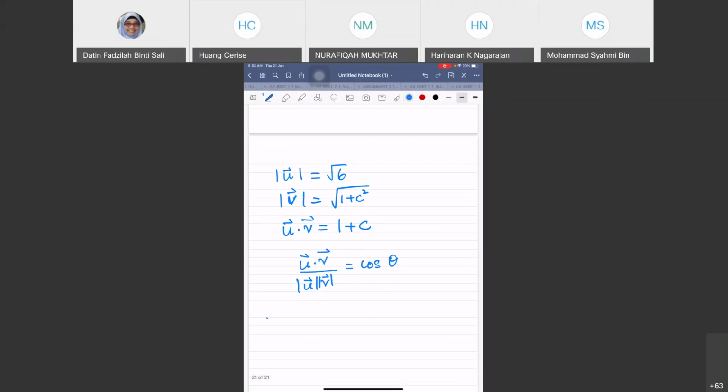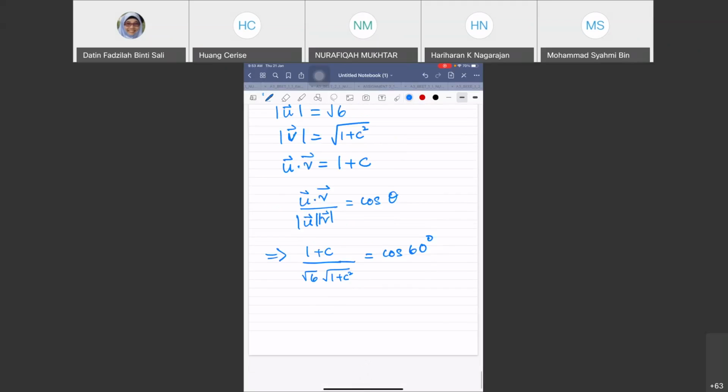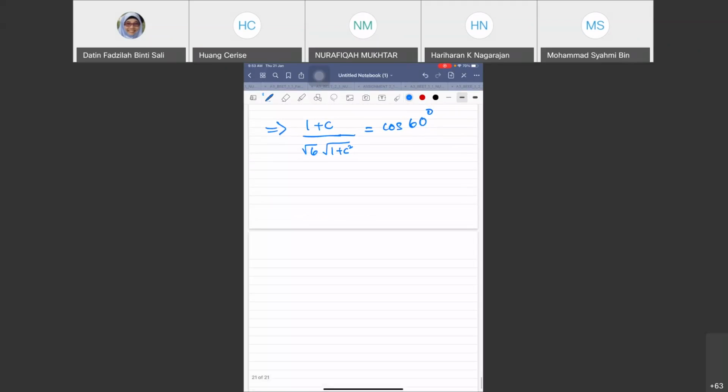Then you have u dot v is 1 plus c, divided by magnitude of u, which is square root of 6, times magnitude of v, which is square root of 1 plus c squared, equals cosine 60. So cosine 60 is what? 1 over 2. Half.